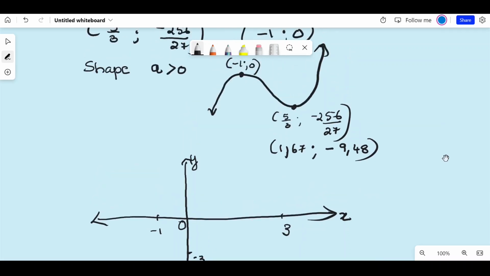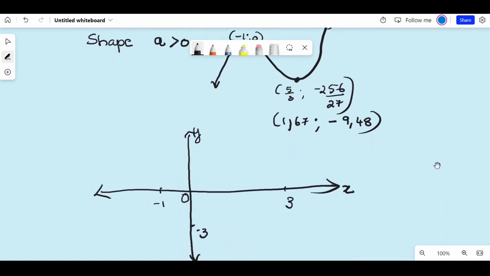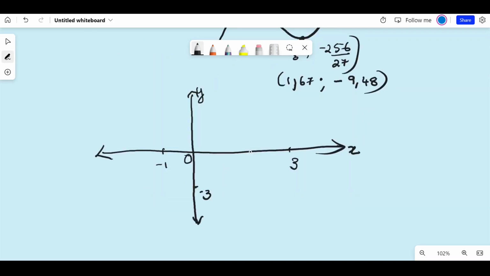Negative 1, 0 is already a turning point. The other turning point is 1.67 on the x-axis. This is 1, 2, so 1.67 will be here, and y is negative 9.48, which is below negative 3, so the point can be here.